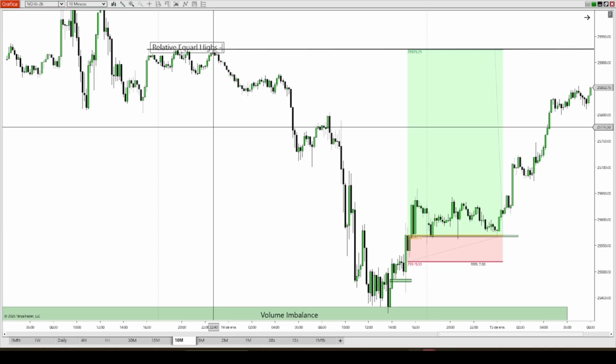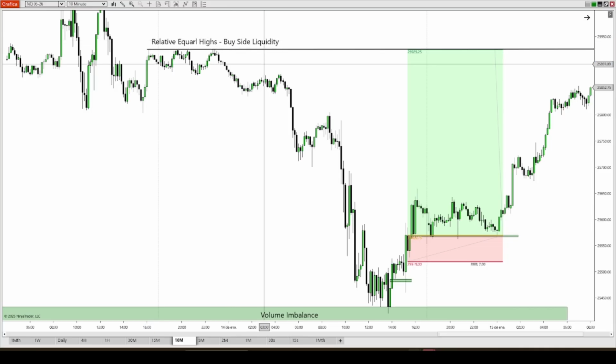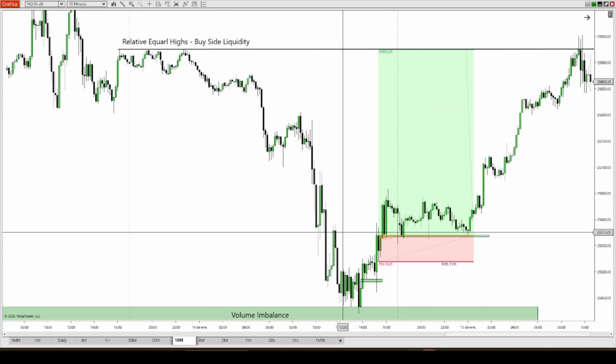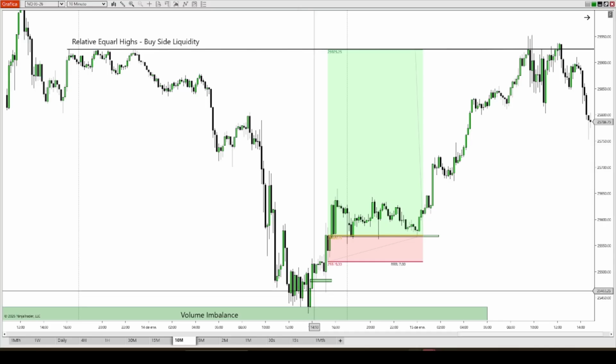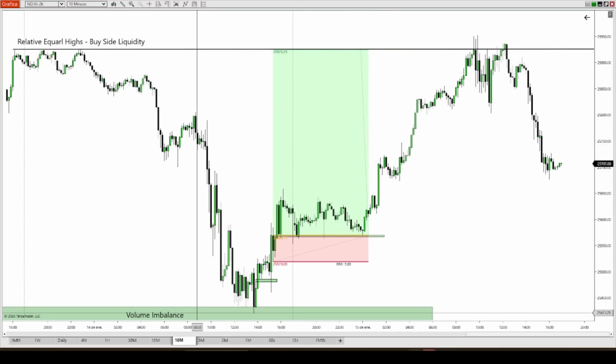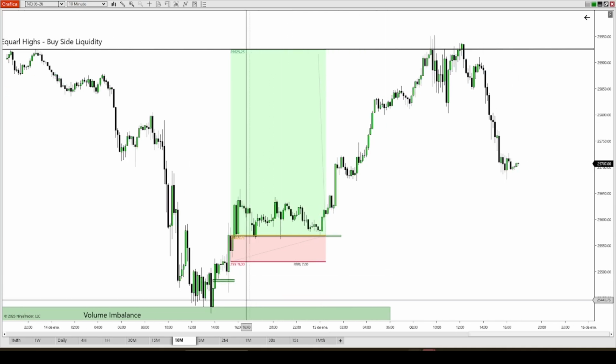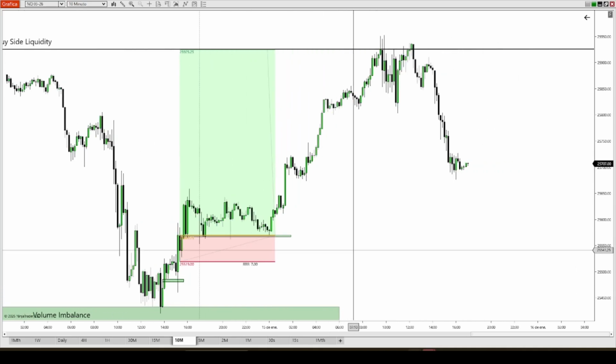And what's resting there? Buy-side liquidity. So that was the objective for this market structure shift, after rejecting from the volume imbalance, after filling the volume imbalance. We reached that point at the open.